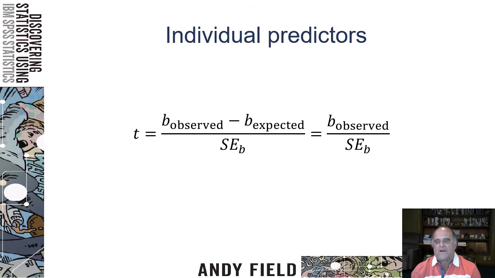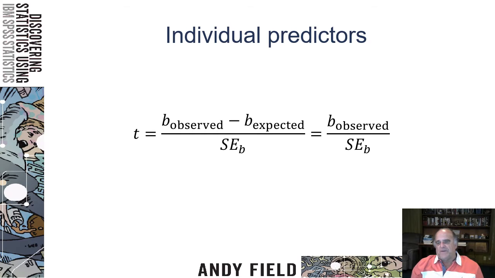And then we're going to get a T for every B. So if we have 20 variables, we're going to get 20 T's plus 1 T for the constant. And we calculate our T by just taking our B observed minus our B expected over the standard error of B. And that gives us B observed divided by the standard error of B, because B expected is going to be 0 in most cases.